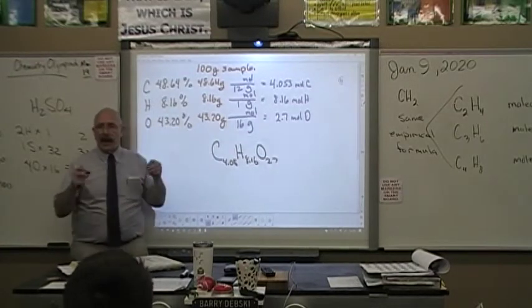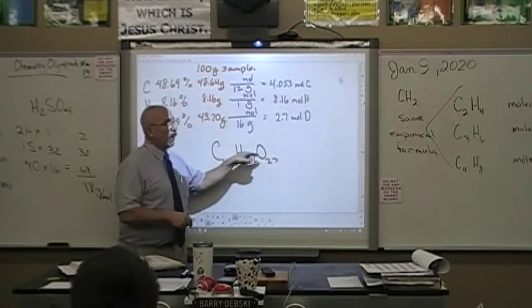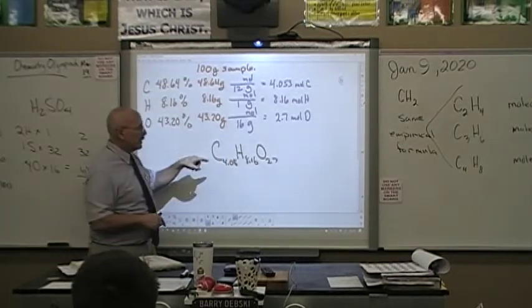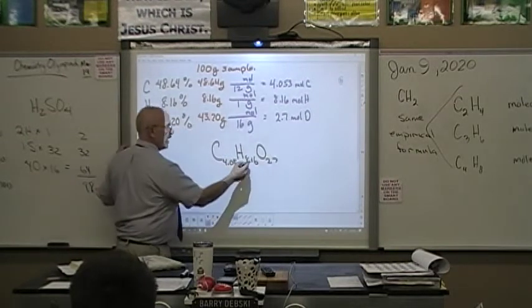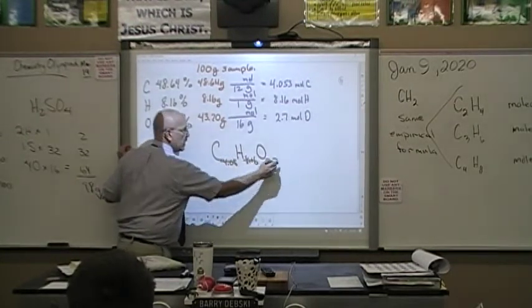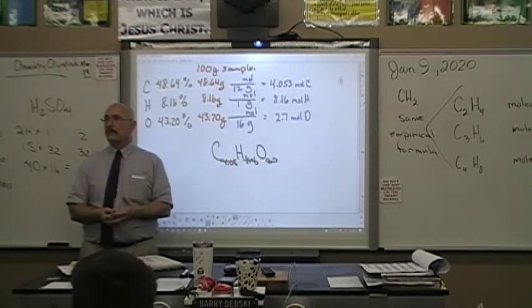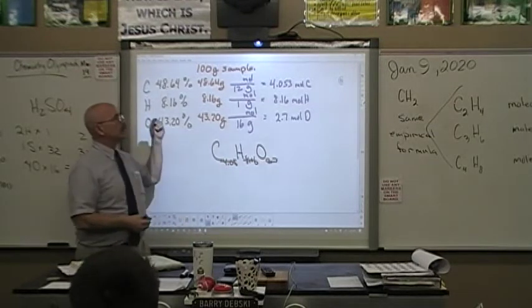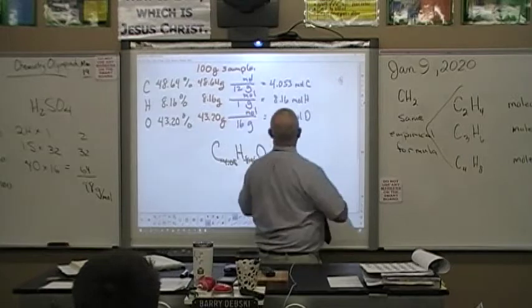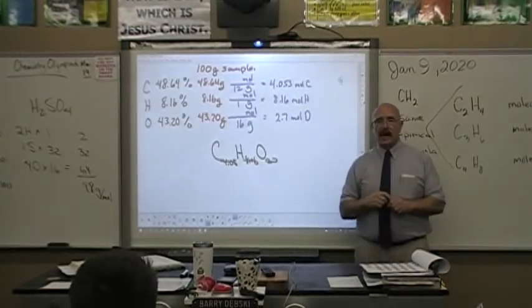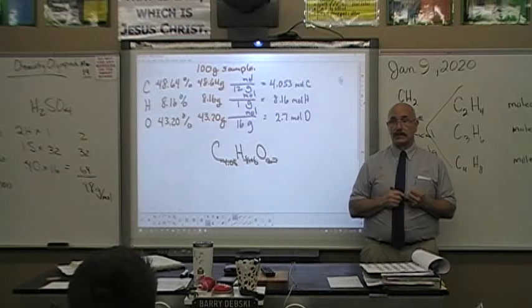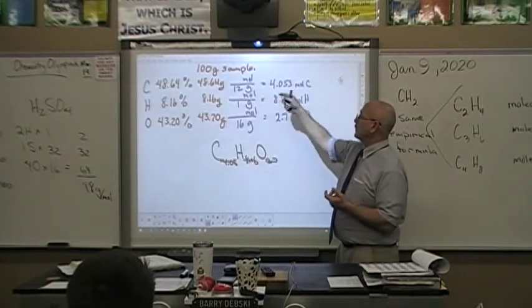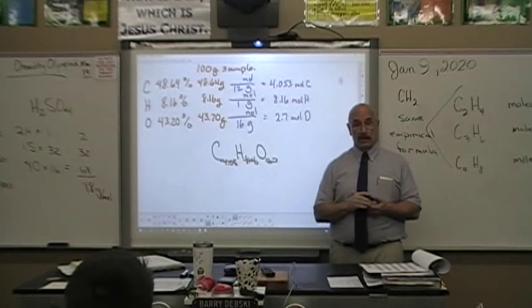But we can't write that. We have to find a whole number for all 3 of these that is still the same ratio. Okay, so somehow I need to take these 3 numbers and change them into whole numbers. Okay, so here's the next step. I'm going to look at these 3 numbers and divide them by the smallest of those 3 numbers. So I got 2.7, 8.16, 4.05. 2.7 is the smallest one.